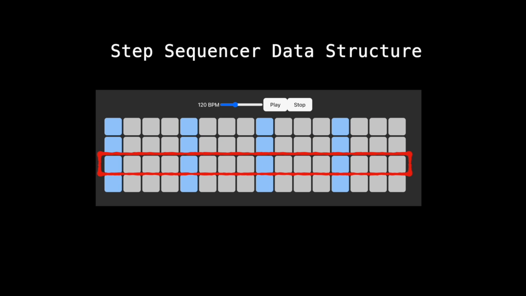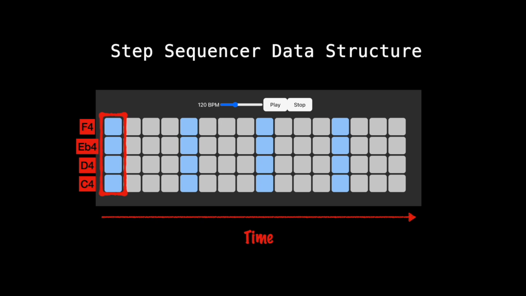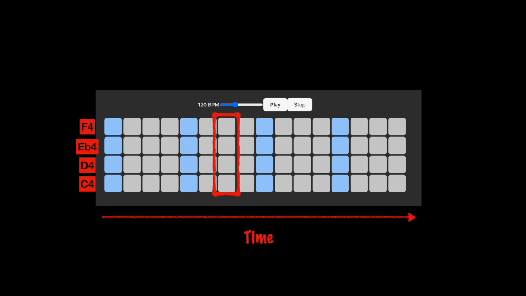Each row on the grid will be mapped to a single note on a musical scale. For example, here we have a couple of notes from the Dorian scale which play well together. Then on the x-axis we have a time scale, each column representing a step that the sequencer will move through at a rate of a certain value of beats per minute, where each step represents a beat or a fraction thereof.